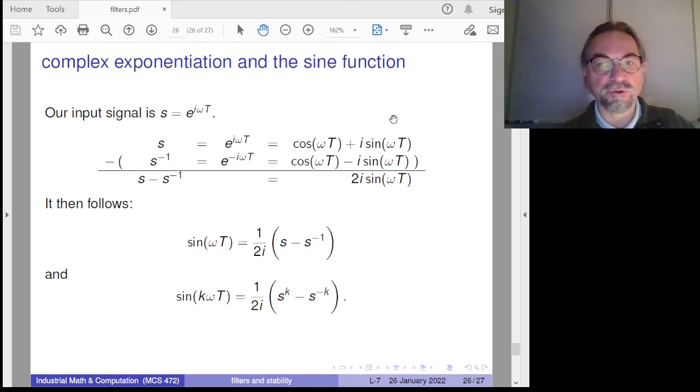In a way, this is the notation for a complex number with angle omega times t. We combine and we get our sine function in there, or we get the sine of k times omega t. So this is our sample. The sine of k omega times t is actually our input.